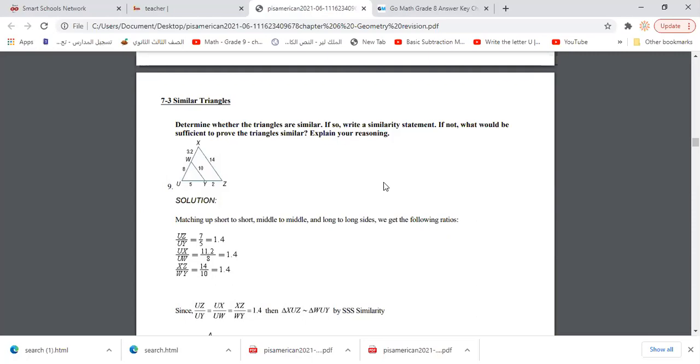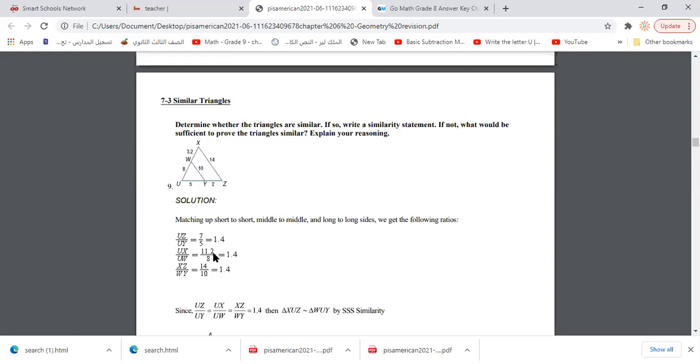When you have parallel lines, you use corresponding angles and a common angle, and the two triangles will be similar by using angles. In this question, he didn't mention any sign for parallel, so for sure we are going to deal with two sides being proportional. We write side UZ over UY, then UX over UW, and then XZ over XY.